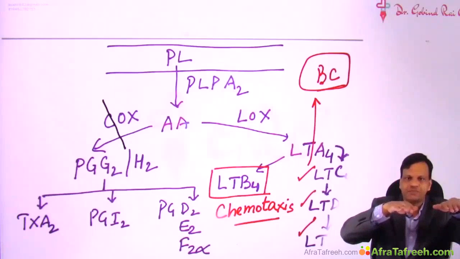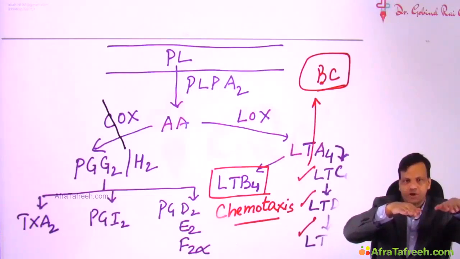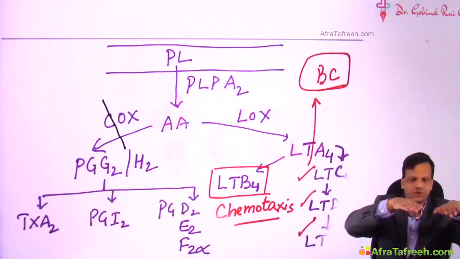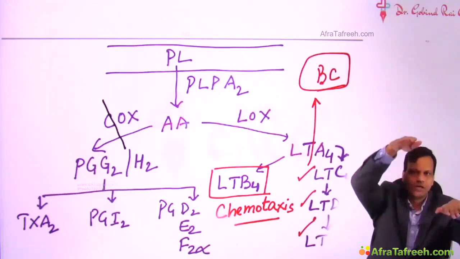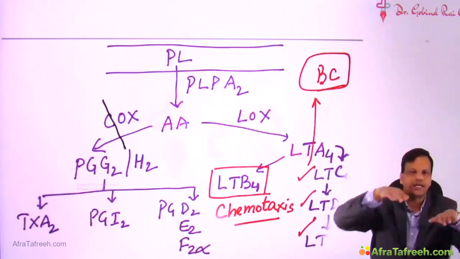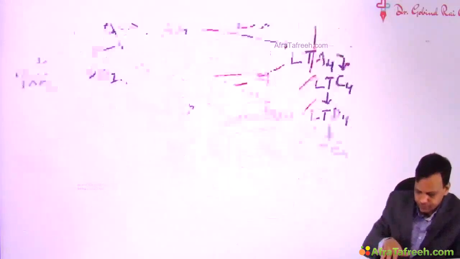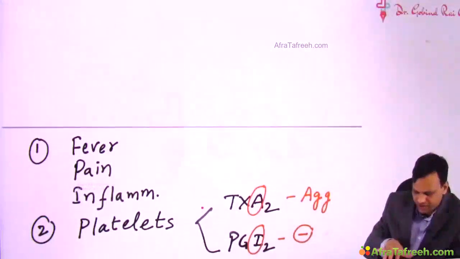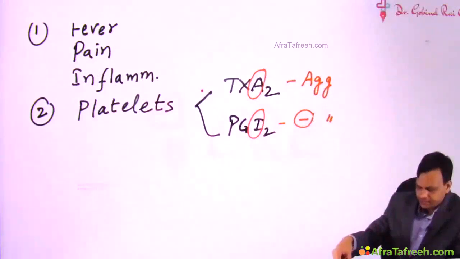On the other hand, in the endothelium, because of the presence of a nucleus, new COX enzyme is synthesized after some time and PGI2 can be formed again. So the net effect is a decrease of only thromboxane A2. That's why it is used as an antiplatelet drug. So this is the effect on the platelets.